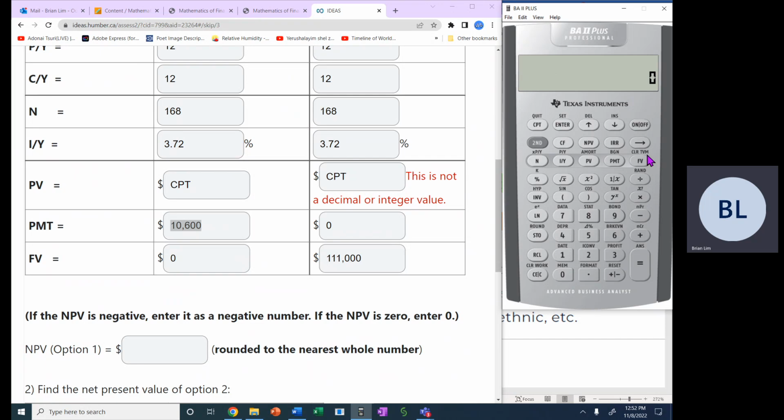And then we put 0 for the future value, and we compute a number for the present value. And that number is $1,386,466.79. Okay, so that is that first calculation there.